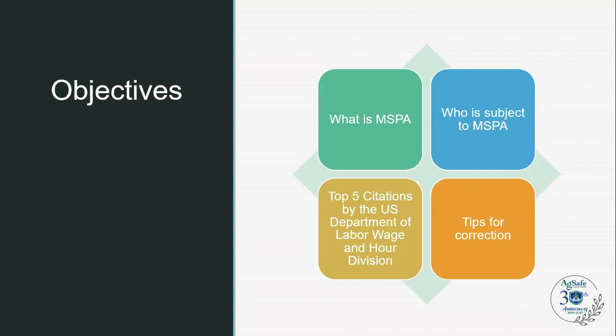Next, we're going to talk about who is subject to MSPA. Then we're going to jump into the purpose of today's webinar, the top citations by the U.S. Department of Labor Wage and Hour Division, and then some tips for correction. So what can you do to prevent these violations?